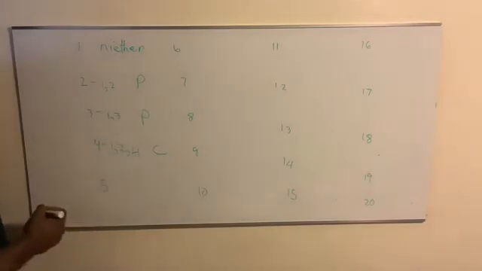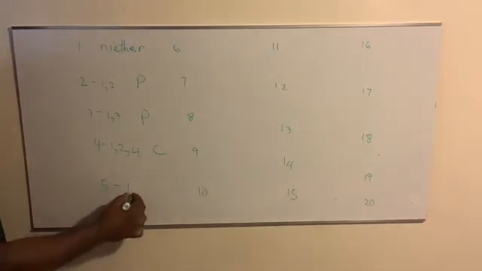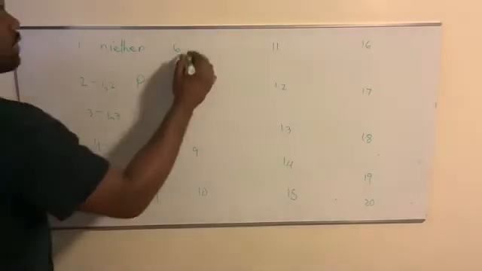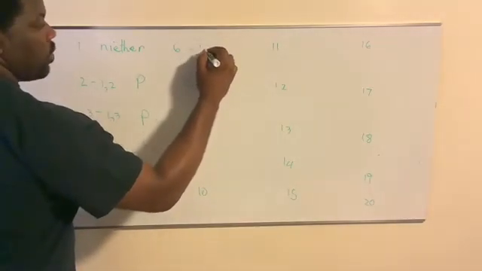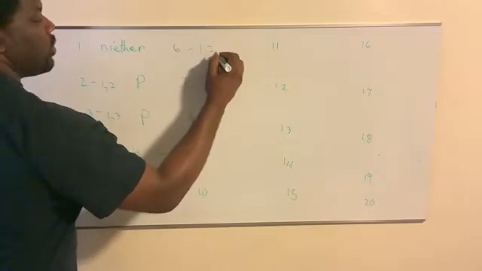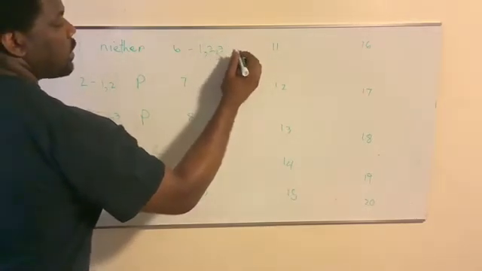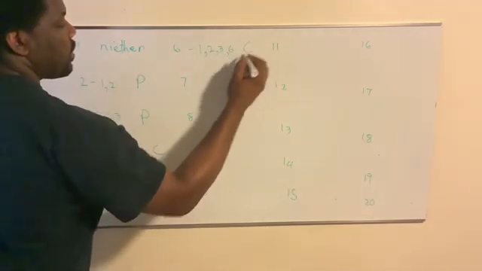So it's composite. 5, it's prime because the factors are 1 and 5. 6 is composite. 1, 2, 3, and 6 as factors, so it's composite.